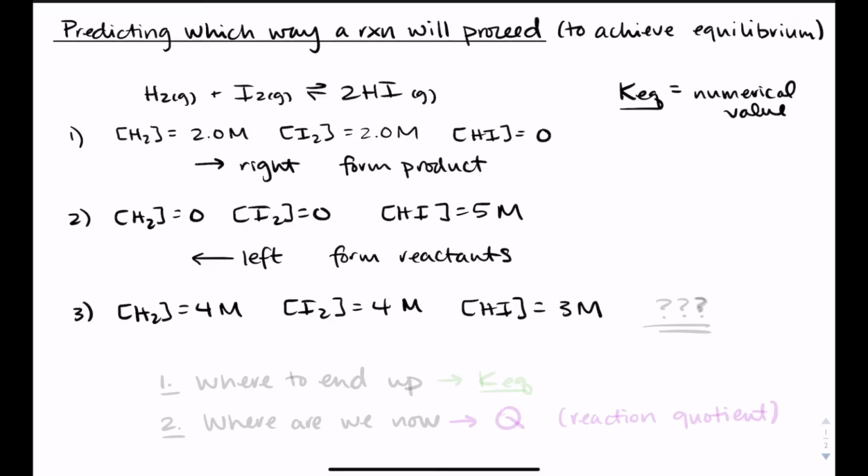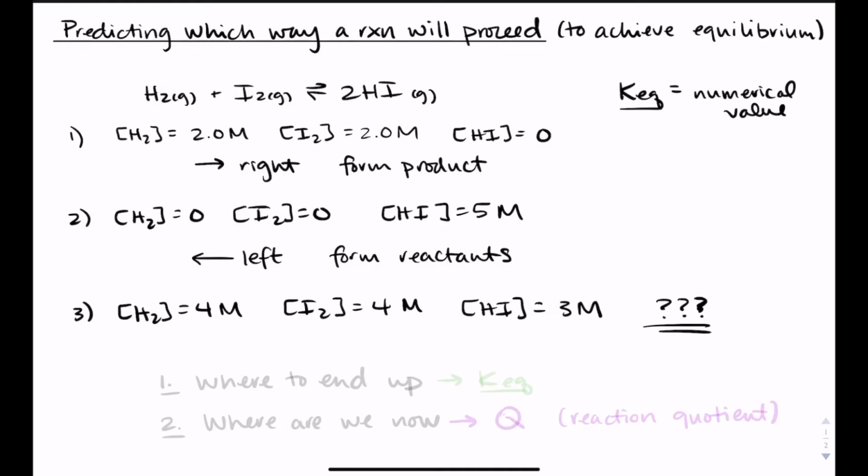So I have no idea. I have no reference to tell me, is this balance appropriate? Is this balance close to what it wants to be at equilibrium? I have no outer context, nothing to compare it to. So that's what we're going to learn how to calculate.